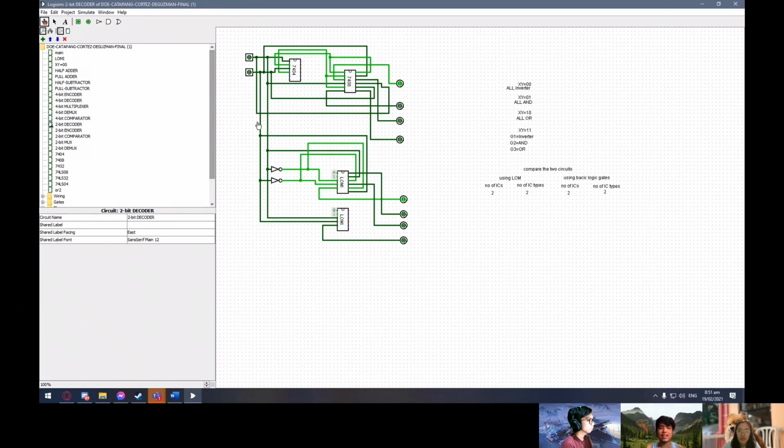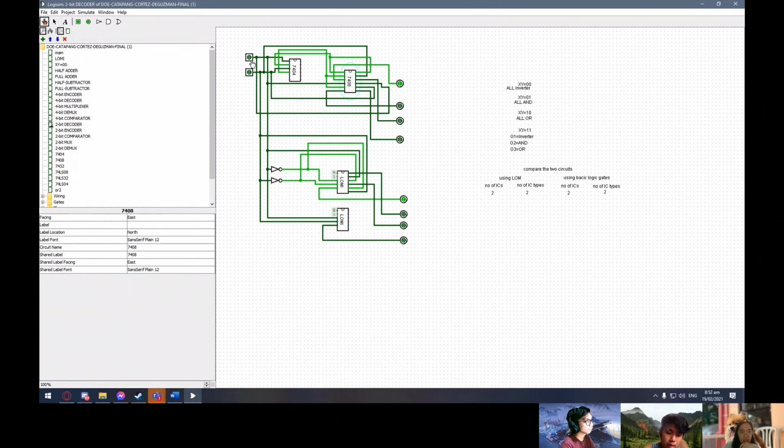Okay. So, for the 2-bit decoder, a binary decoder is defined as a combinational logic circuit that converts binary information from the n encoded inputs to a maximum of 2 raised to n unique outputs. As we can see here, there are only two ICs, which are the 7404 and the 7408, and we have four outputs.